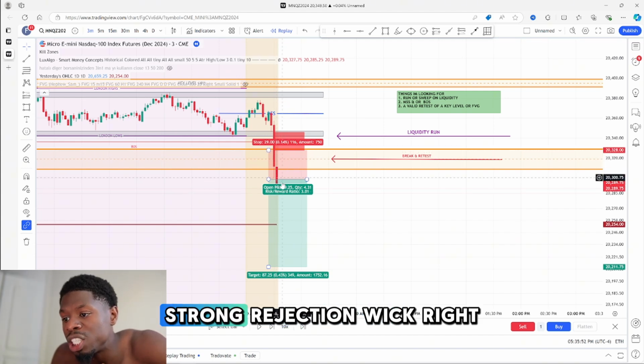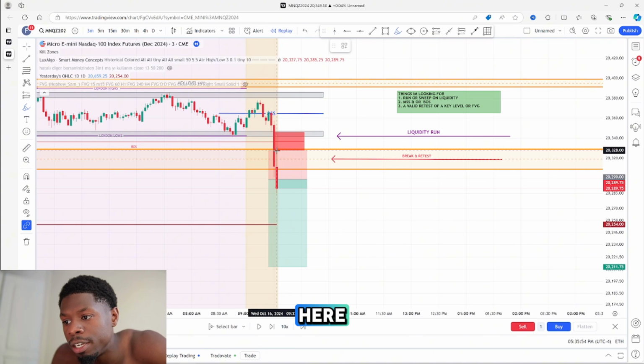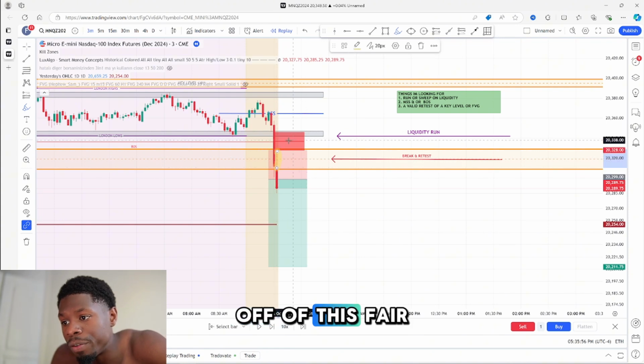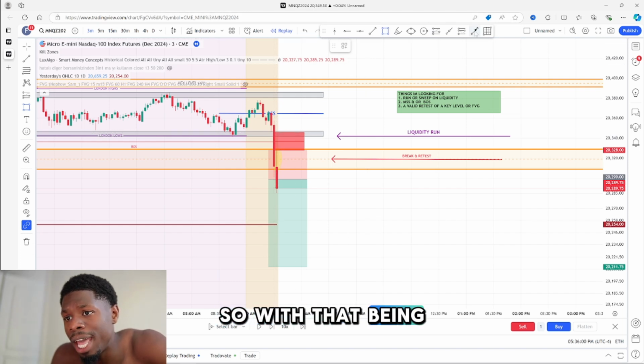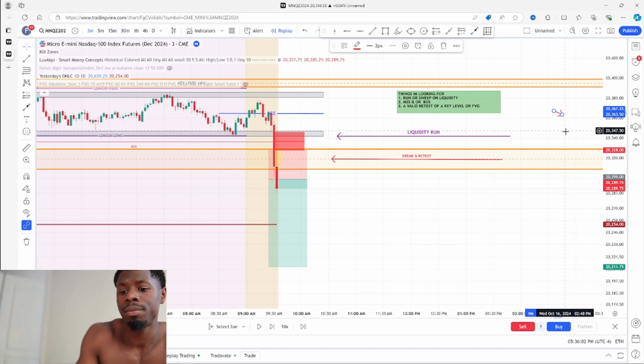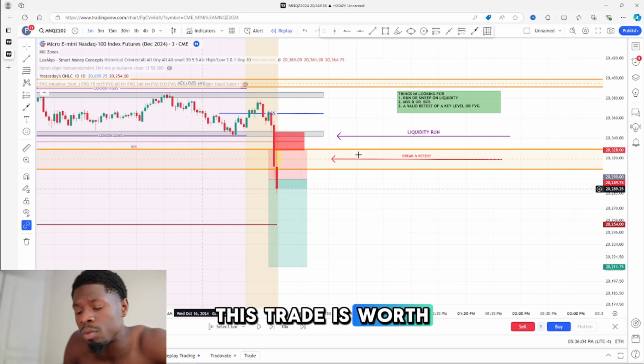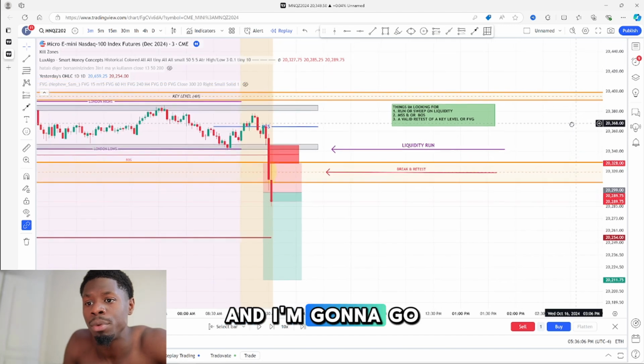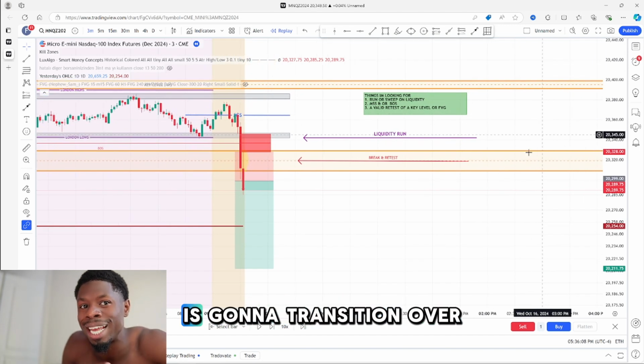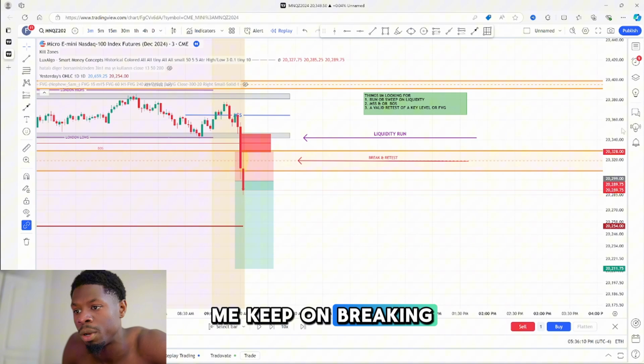So we got this strong rejection wick right here off of this fair value gap, right? So with that being said, I'm like, okay, this trade is worth the risk, and I'm gonna go into what I learned today. It's gonna transition over very smooth, but let me keep on breaking down the trade before I go into that.